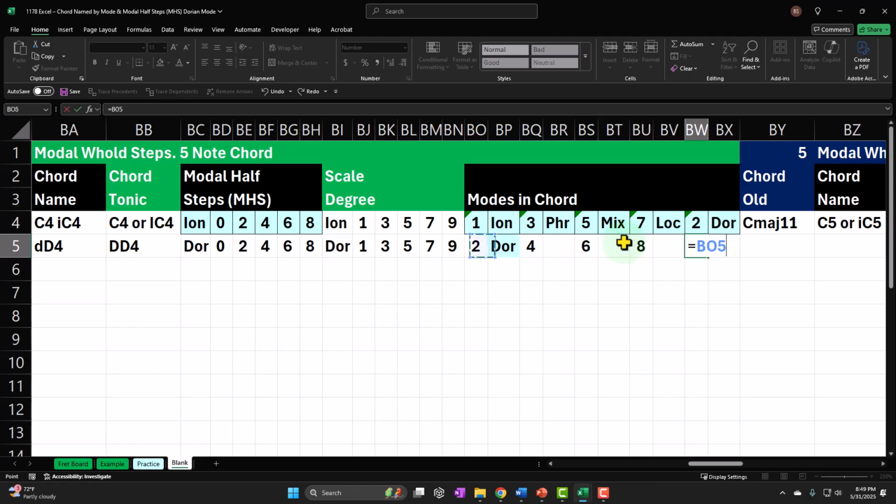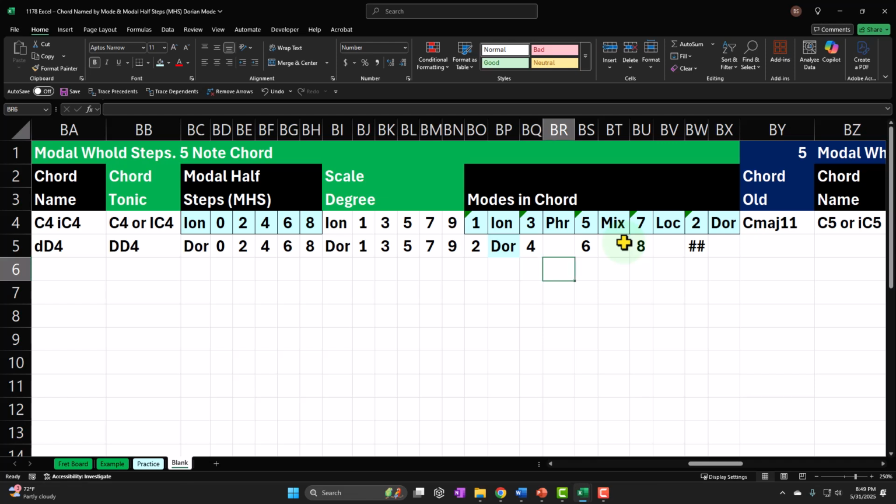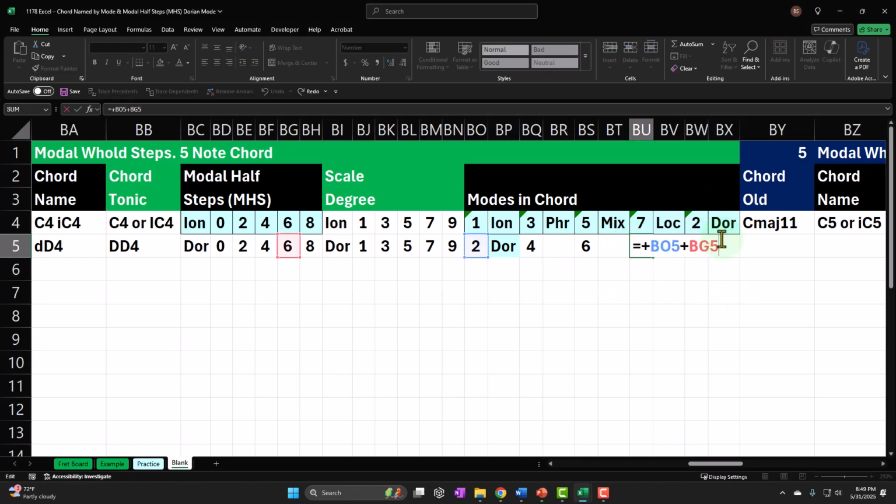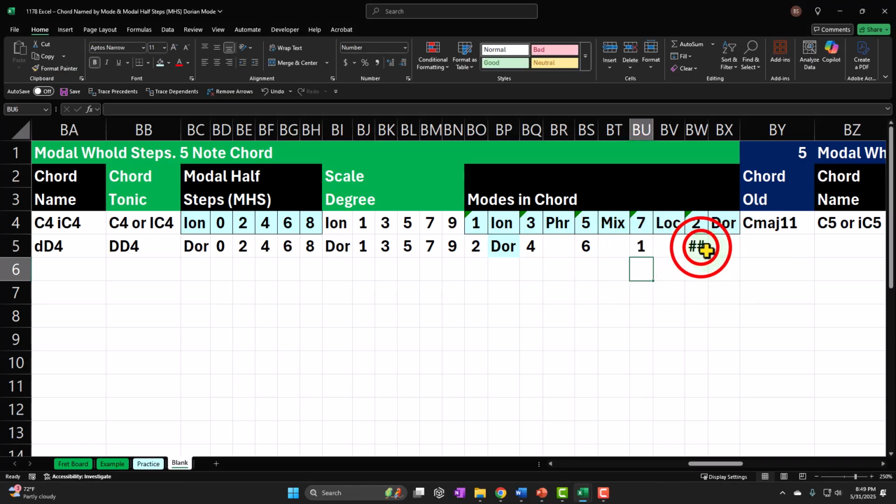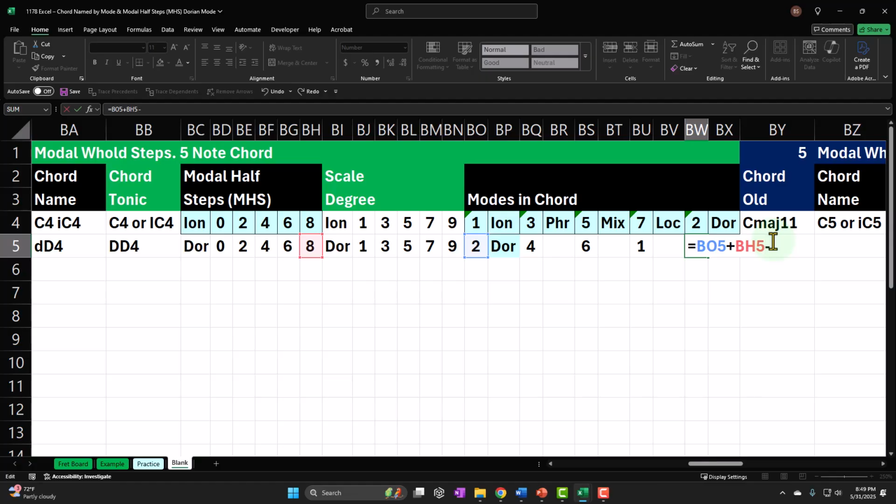But we'll just keep going this way, and we're going to start on the 2, and then we go up by 8, and then I'm going to subtract. Notice I can't go up past 7, so I've got to bring this back down. So let's double click in here, -7, and then this is going to be -7.